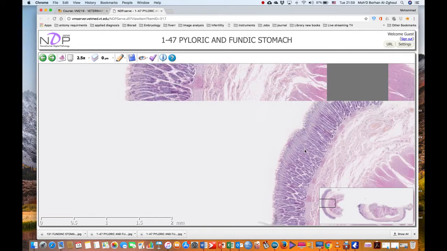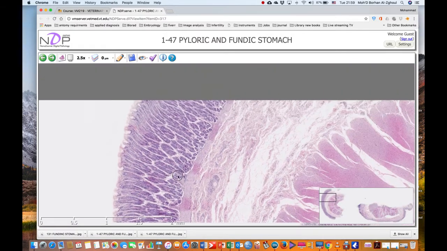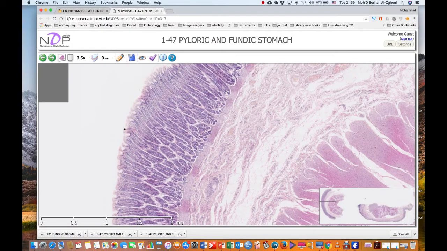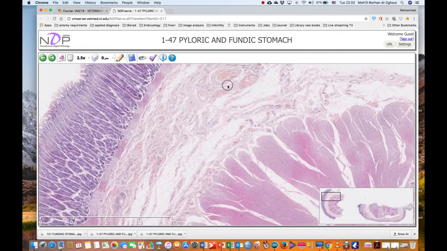So if we increase the magnification of this area, we can see the area of the mucosa, the epithelium, with the gastric gland, and at the area here we have the muscularis mucosa, and the area just below this area here we have the area of the submucosa.